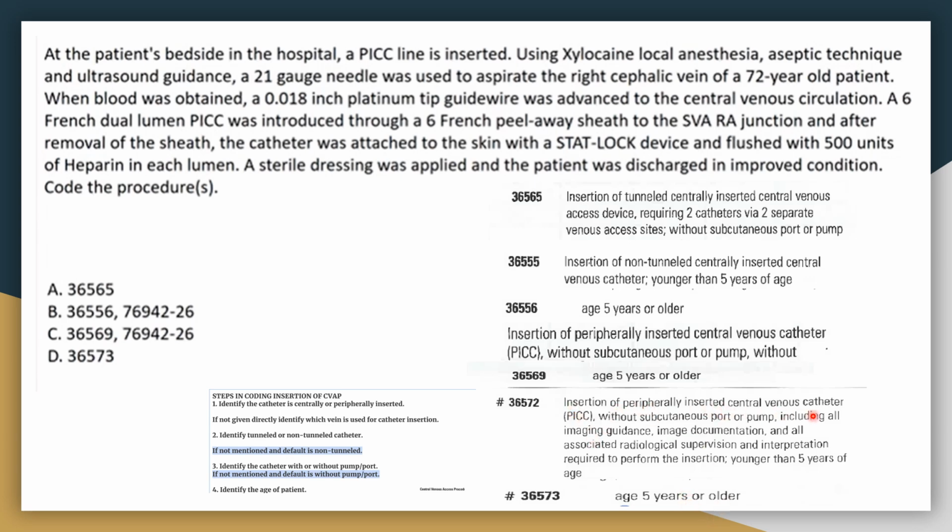Insertion of the peripherally inserted central venous catheter without a subcutaneous port and pump, including all image guidance, image documentation, and all associated radiological supervision and interpretation required to perform the insertion, age 5 years and older. So this code fits our documentation, and we'll pick up that code.